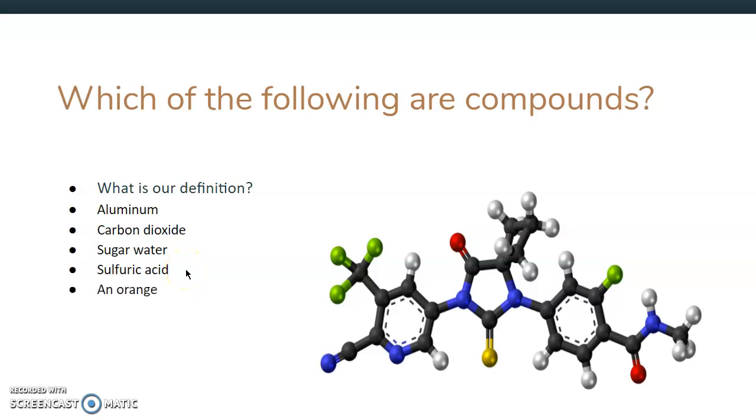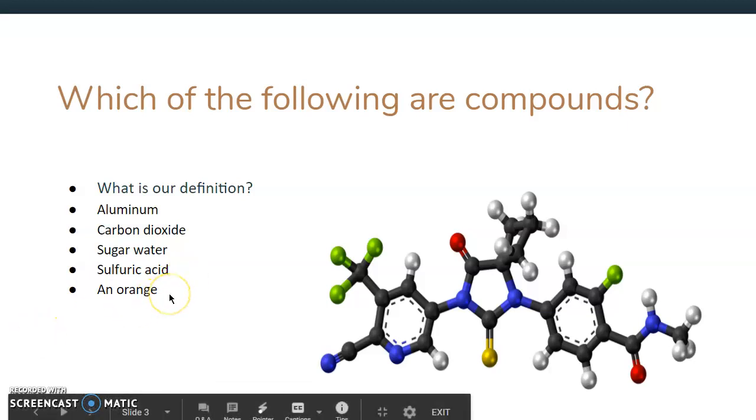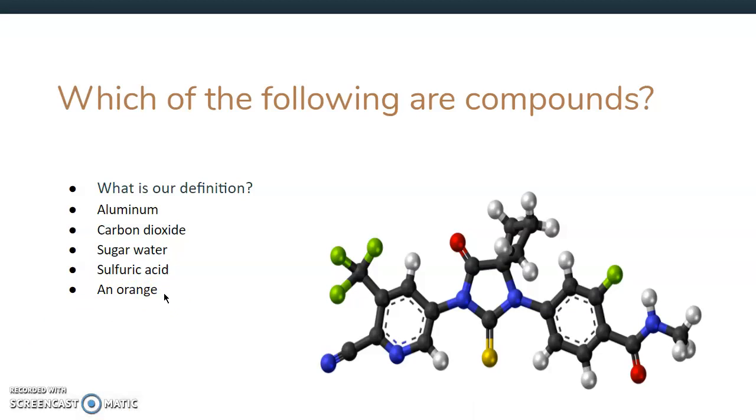Let's think about an orange. So when you open up an orange, we have the fruit and then all those different little, almost like barriers in between each layer on top of an outside peel or barrier as well. So there's lots of different things in an orange. I would say it is better described as a mixture.